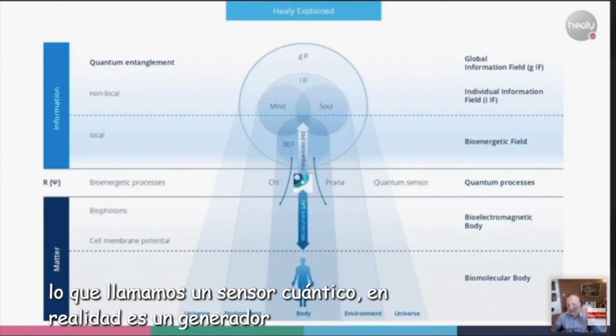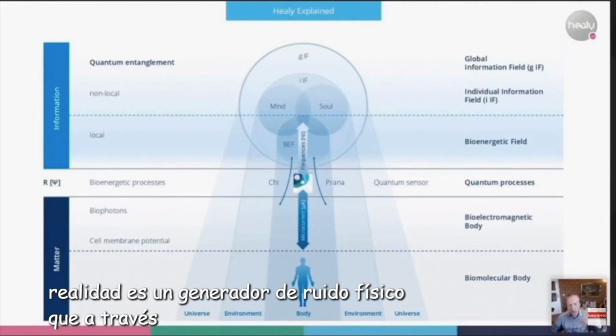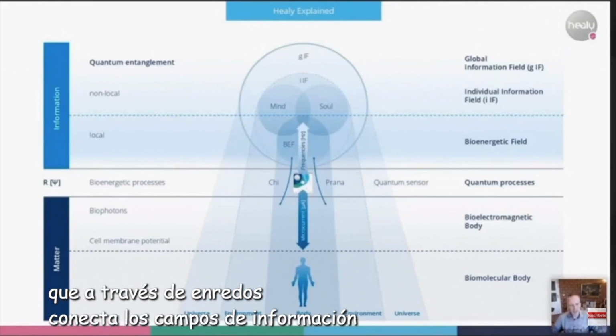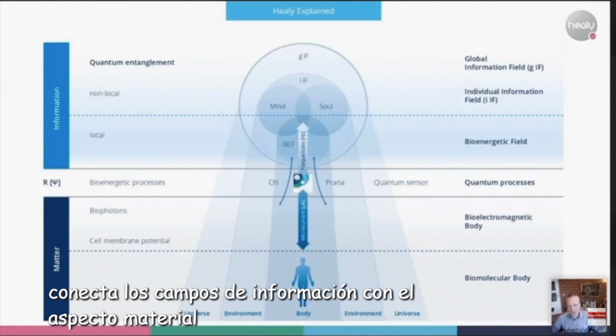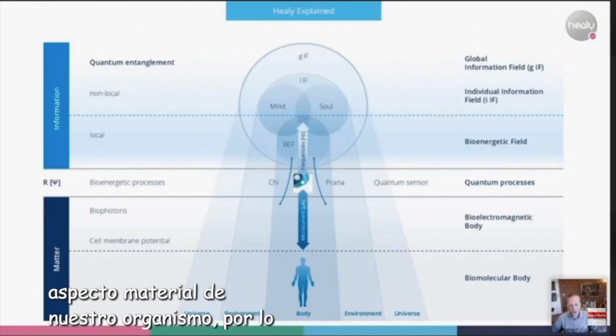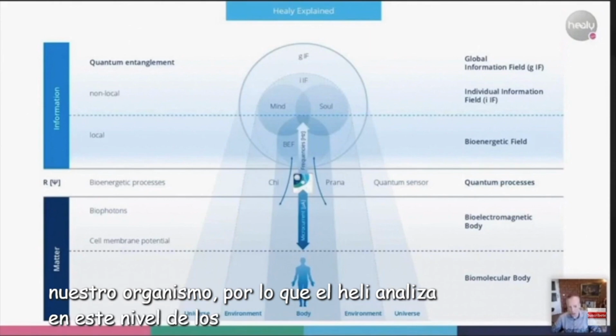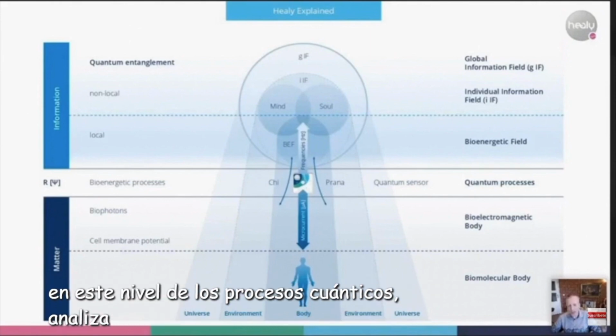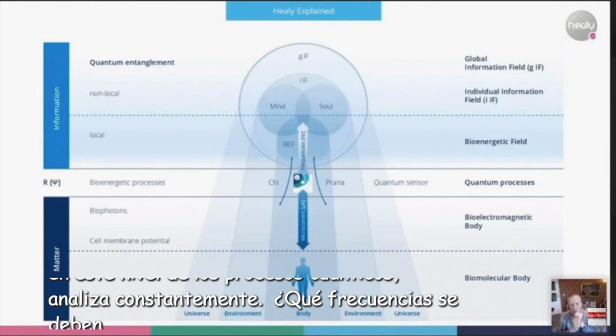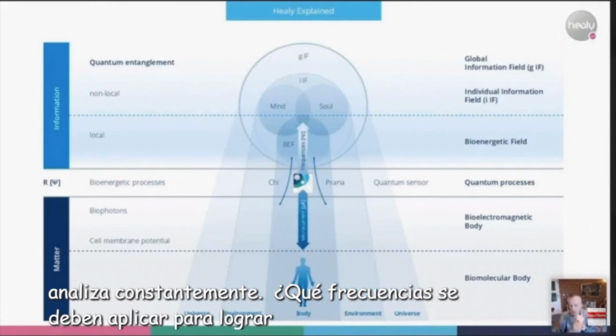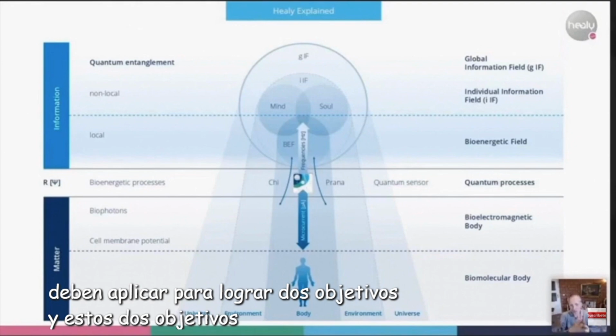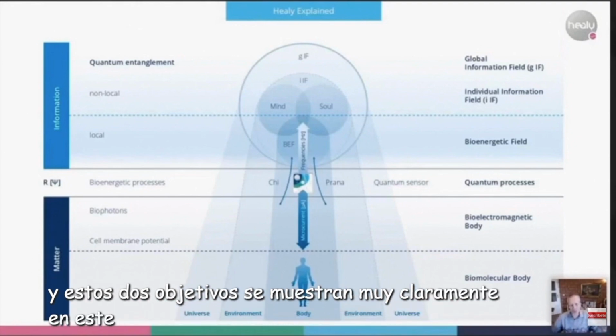It's actually a physical noise generator, which through entanglements connects the information fields with the material aspect of our organism. So the Healy analyzes on this level of the quantum processes, it analyzes constantly which frequencies shall be applied to achieve two goals.